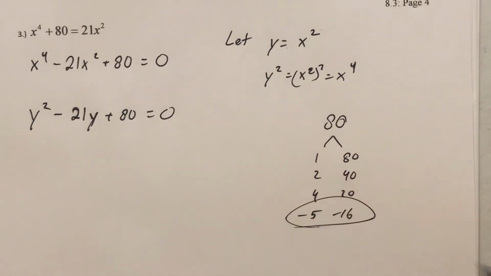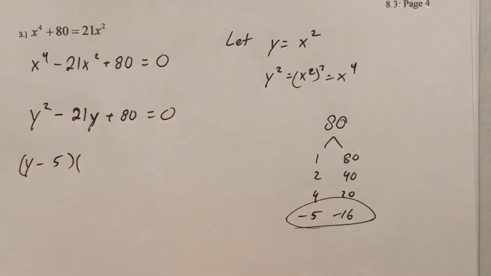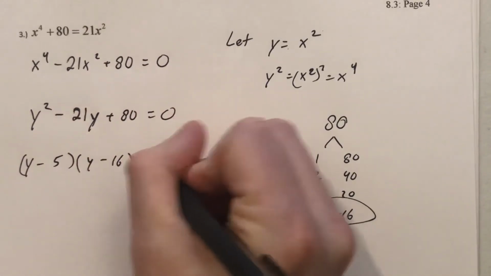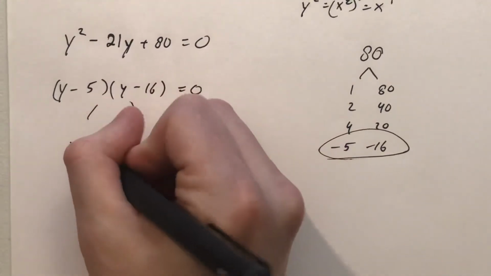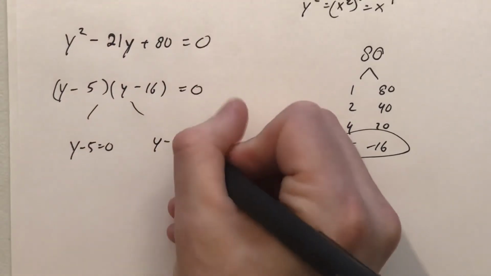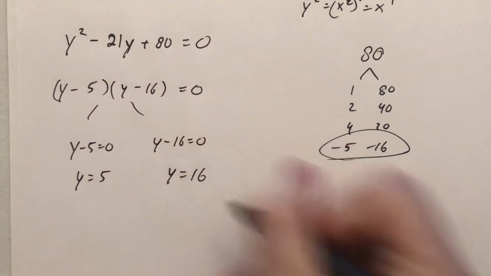Negative 5 and negative 16 multiply to a positive 80, but add to a negative 21. So y minus 5 and y minus 16 equaling 0. So what that means is you get y minus 5 equals 0 and y minus 16 equals 0. So y equals 5 and y equals 16.